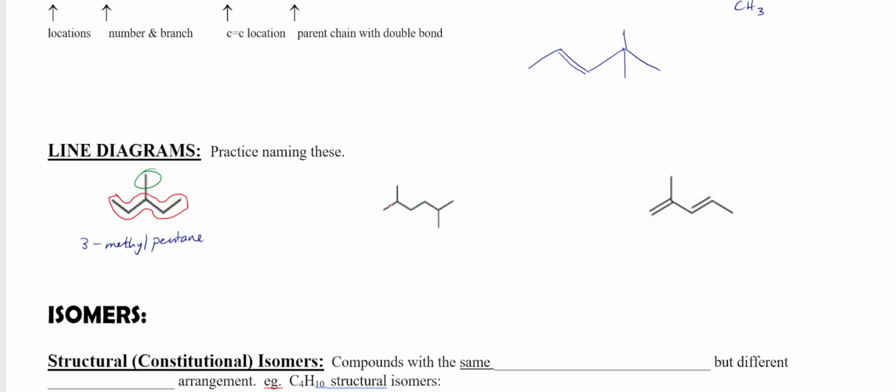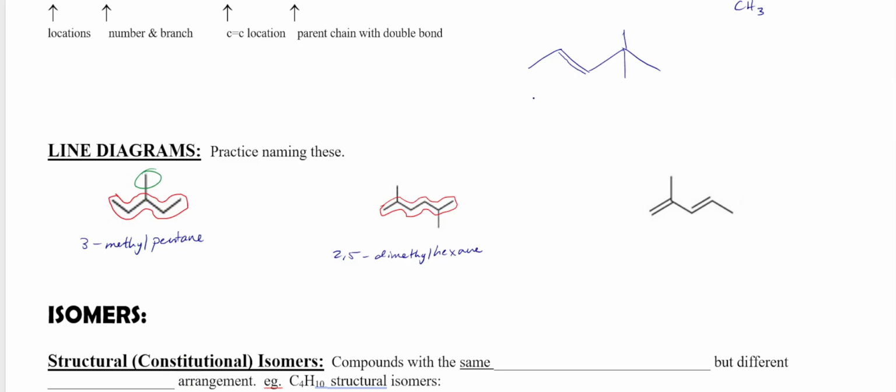Over here, the longest chain is straight across, right here. Okay, and it's a 6-carbon chain, so my backbone is hexane. And then I've got on the second and on the fifth, 2 methyl groups, so I can say 2,5, and because there's 2 methyl groups, I'll say dimethylhexane.